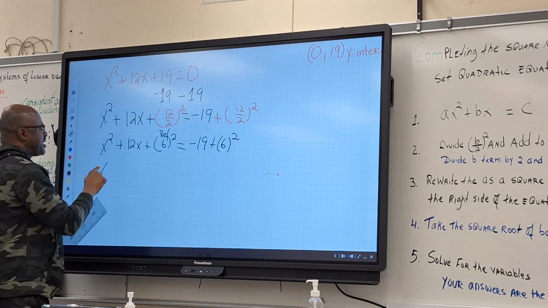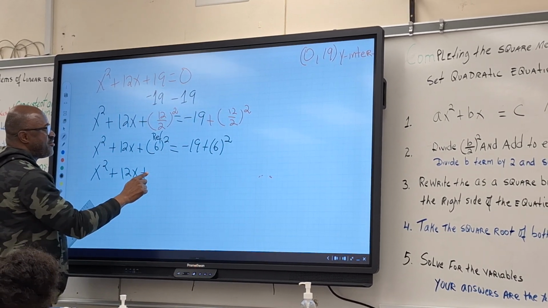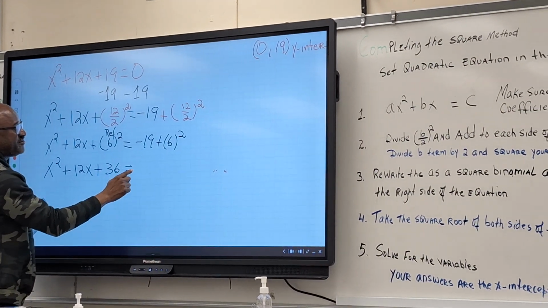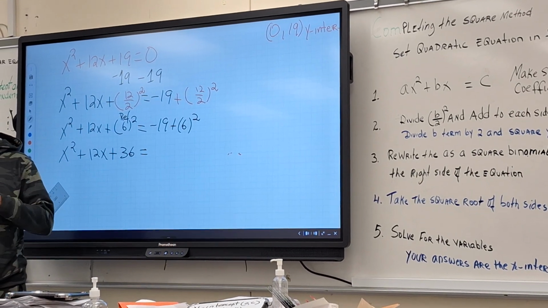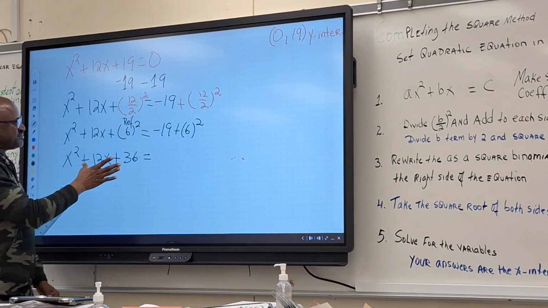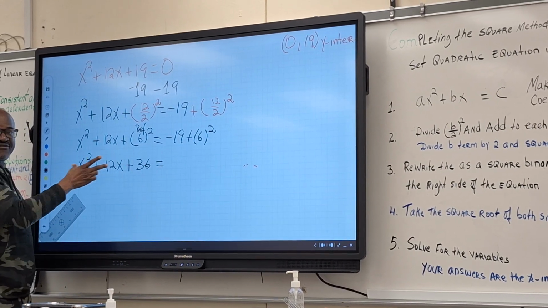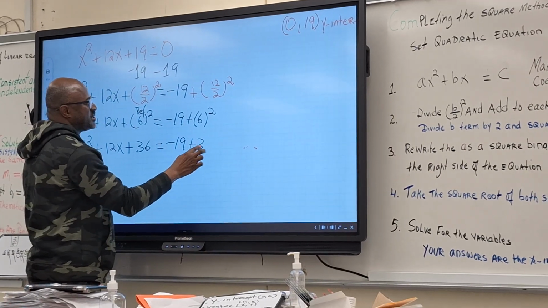And we will end up with x squared plus 12x plus a number which is what? 36. Do not tell me it's 12, because some of you are going to multiply by 2. It's 6 times 6. This becomes a perfect square trinomial. That's your goal. It's something times itself. That will be minus 19 plus 36.